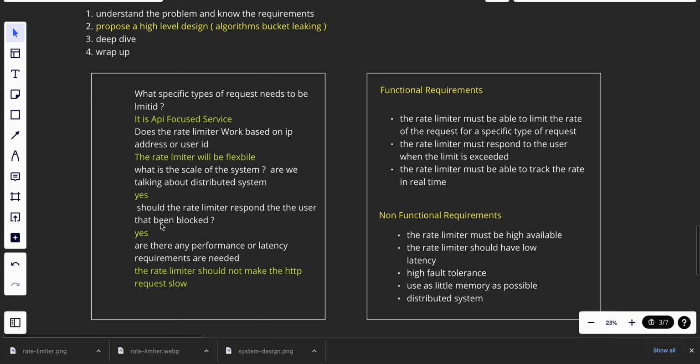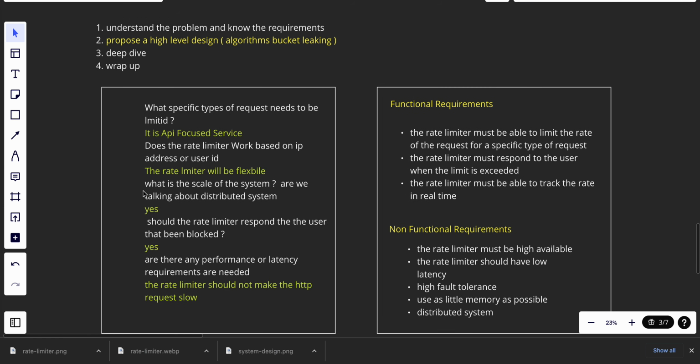We should also know about availability, and whether the rate limiter will respond with something, which relates to the functional requirements. The last question is whether the rate limiter works based on IP address or user ID, so we can choose the right algorithm.